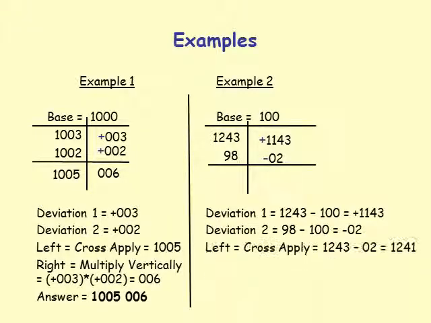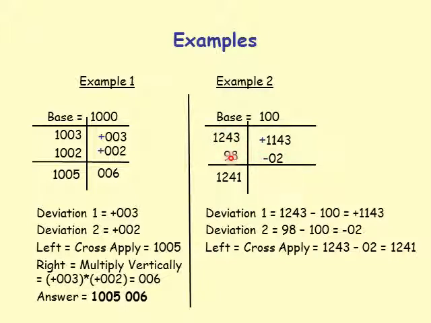All right, now let's see what to do on the left. On the left we apply crosswise: 1243 minus 02, applying the minus on the two operands 1243 and 02.